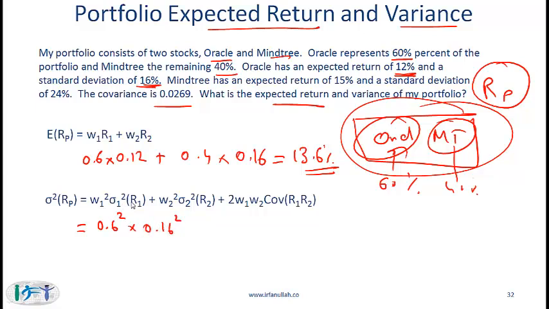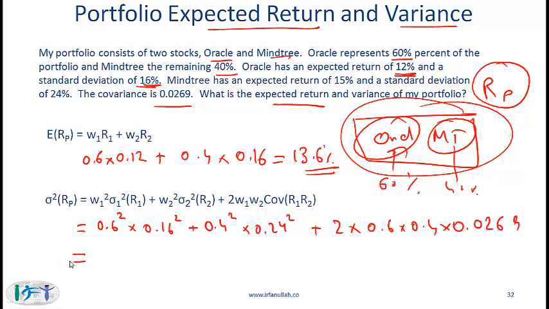0.16 squared plus the weight of the second stock squared. The second stock is Mindtree. The weight is 0.4. So we have 0.4 squared. And then the variance of the second stock, which is 0.24 squared, plus 2 times the weight of the first stock times the weight of the second stock. So 2 times 0.6 into 0.4 multiplied by the covariance between the returns on the two stocks, that is 0.0269.